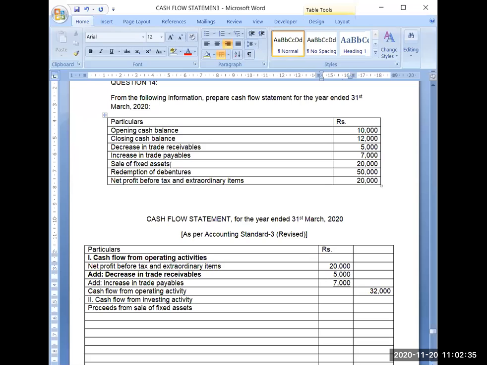How much have we received? It is 20,000. So this will become the answer for investing activity. Here we will write cash flow from investing activity.